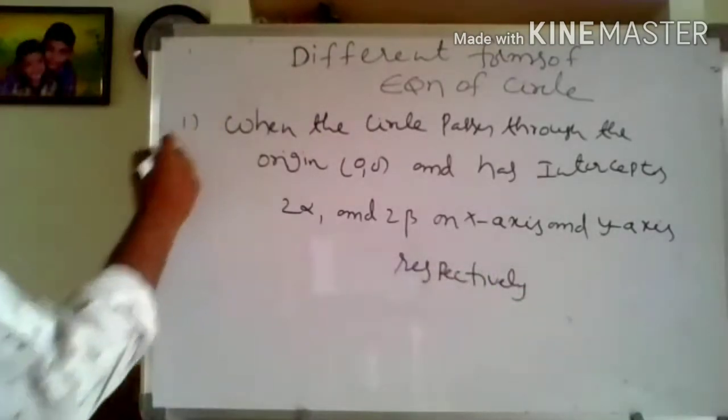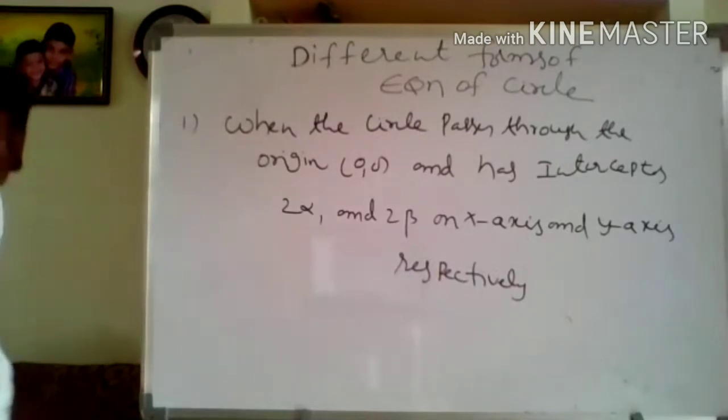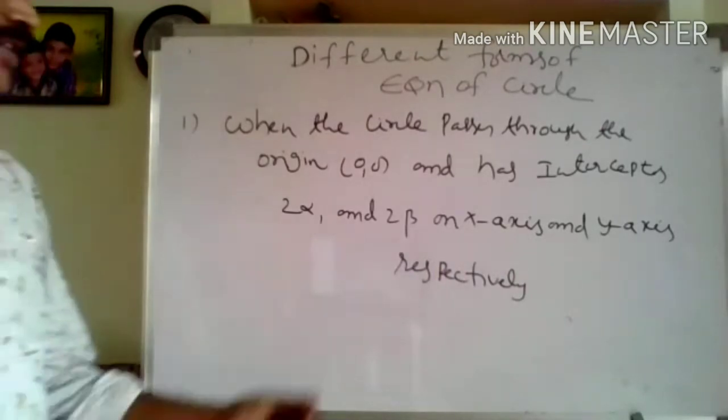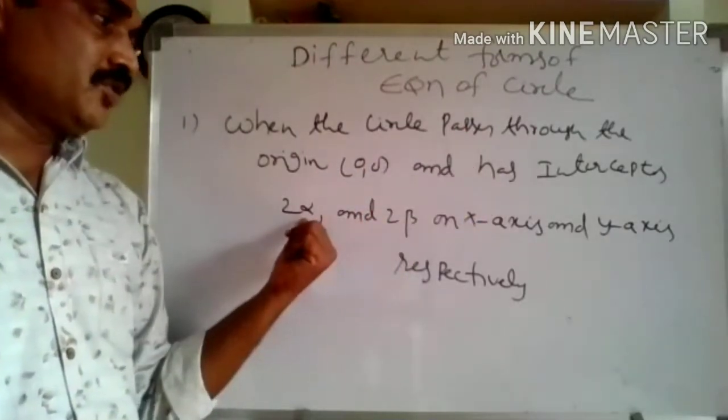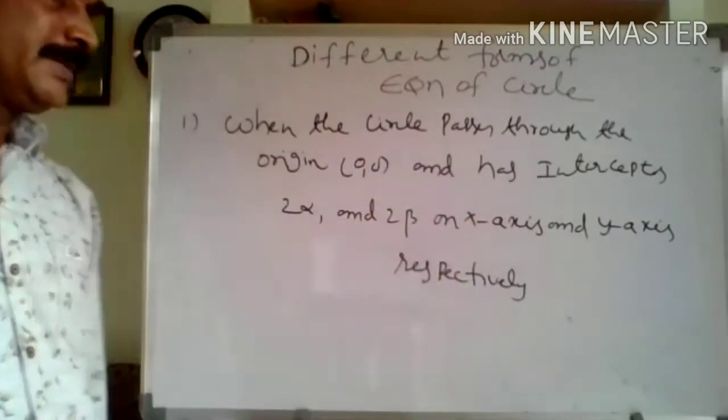In the first one, when the circle passes through the origin and has intercepts, the x-intercept is equal to alpha and the y-intercept is equal to beta.